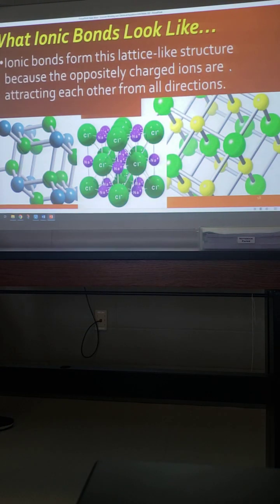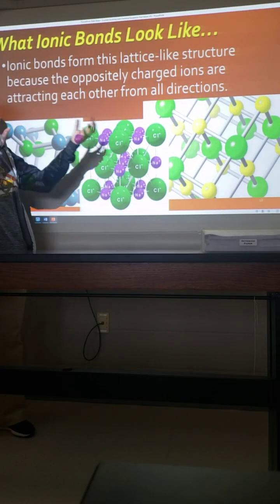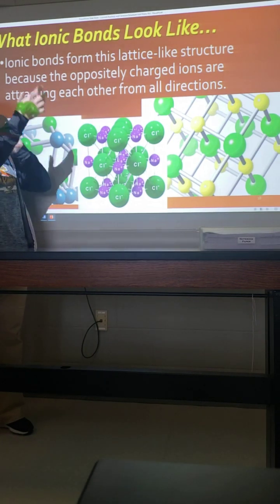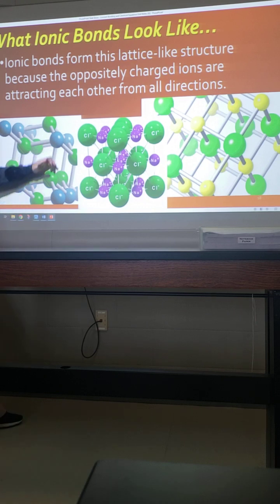All right, the ionic bonds form this lattice-like structure because we have those oppositely charged ions. Ions make ionic compounds and bonds. You can see it three-dimensionally, the attraction, those opposite charges holding it together, and that's why it forms that kind of cube or perfectly rigid set structure when they actually combine in real life.